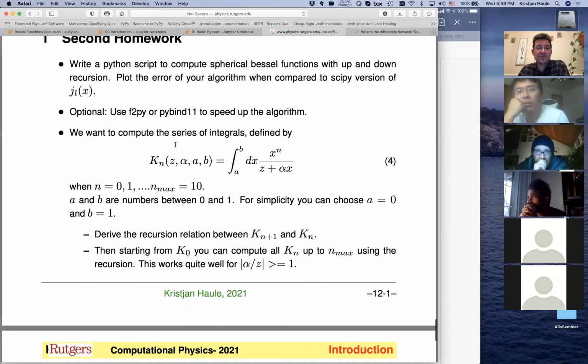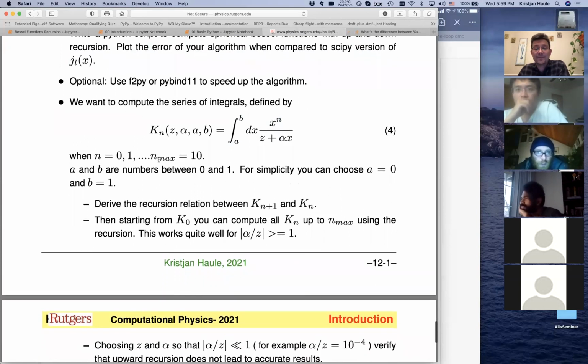I want you to compute the series of integrals defined by this relation. K_n can be calculated with a very similar recursive relation as Bessel functions. Now, the homework has two parts.